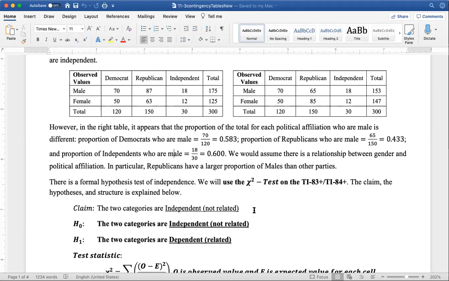And this is always going to be the case in all of our tests of contingency tables or tests of independence. H1 will be that the two categories are dependent or related. This is the alternate to the null. The null is independent, not related, and the alternate is dependent, related. Okay?